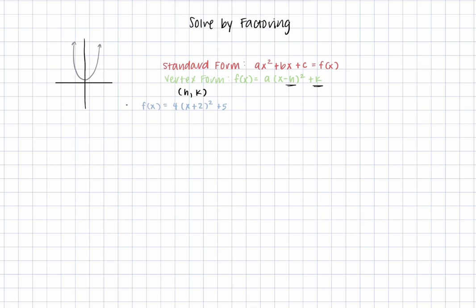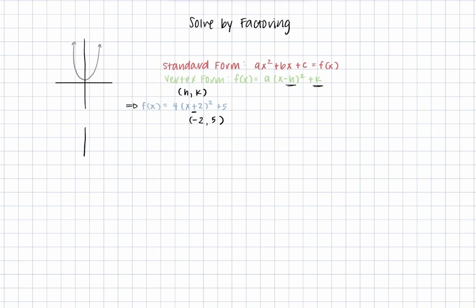For this function, my vertex would be at -2, and it's negative because we have a plus in our equation, so that means we should have a -2 for our x value for the vertex, and our y value will be 5. So -2, 5, which is somewhere around here.